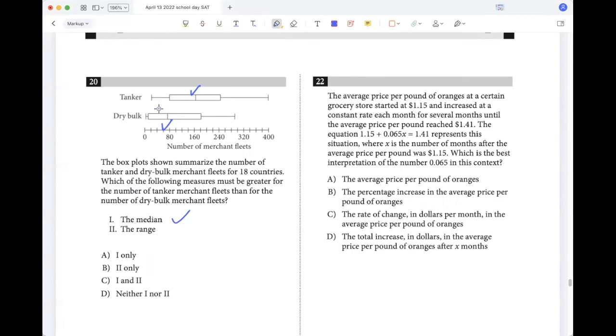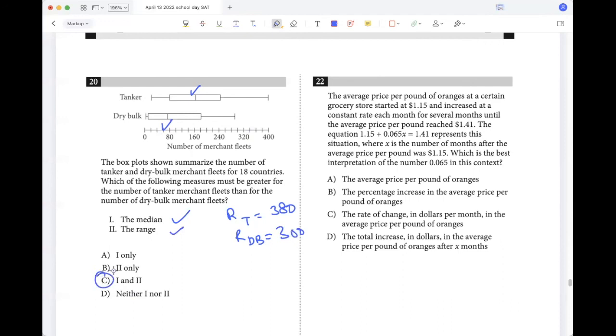And range for tanker is 400 minus 20, so range is 380, and range for dry bulk, this looks like about 300. So even the range is greater for the tanker. So both 1 and 2 are greater.